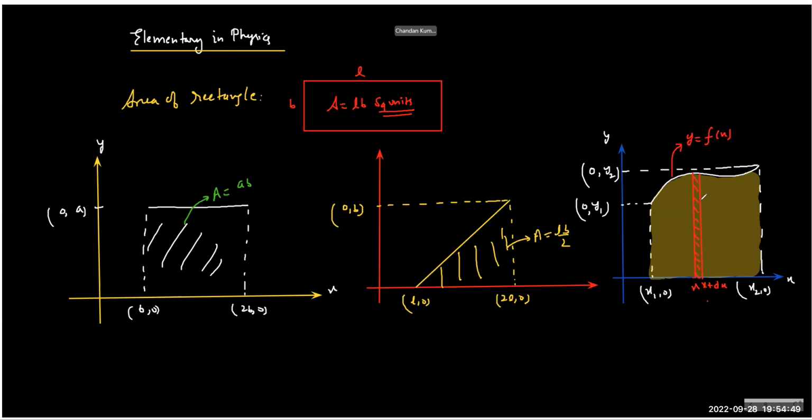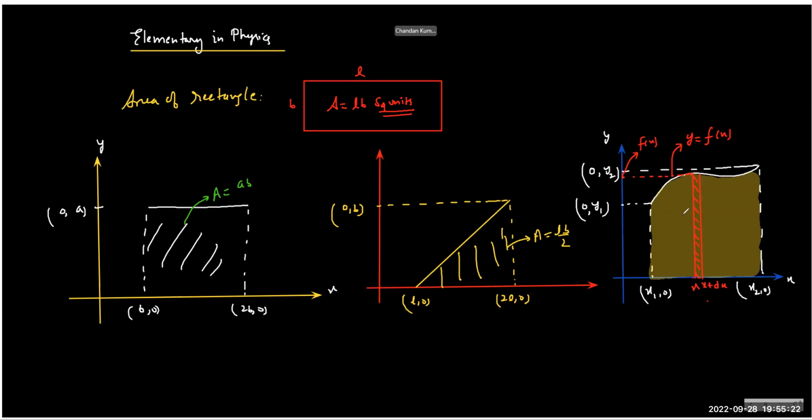Because this rectangle is drawn at a location x, the corresponding height will be f(x). Understood? It is a rectangle exactly drawn at a location x, and so its height must be f(x), isn't it? That's called the function. So when you know the function, you know the height.